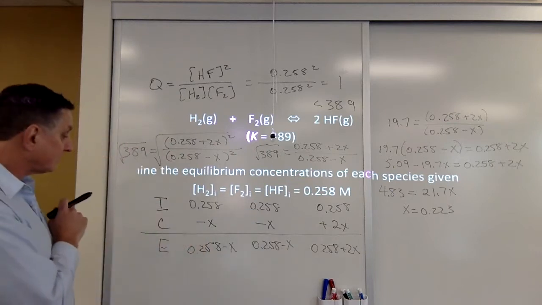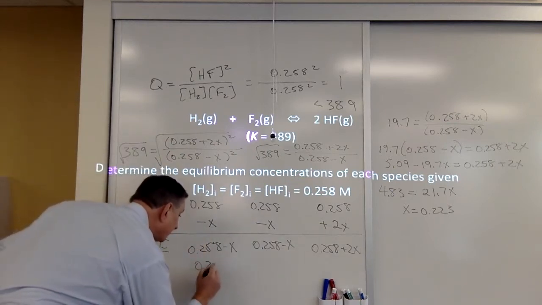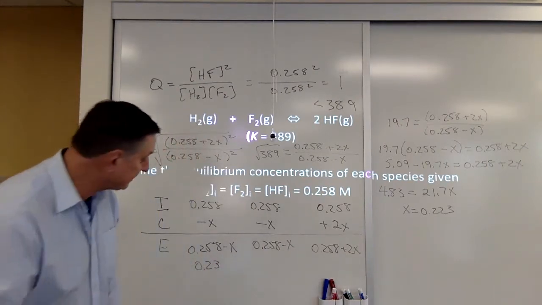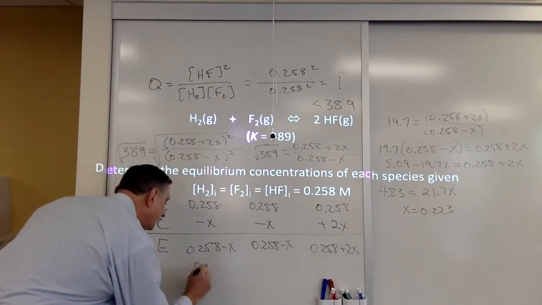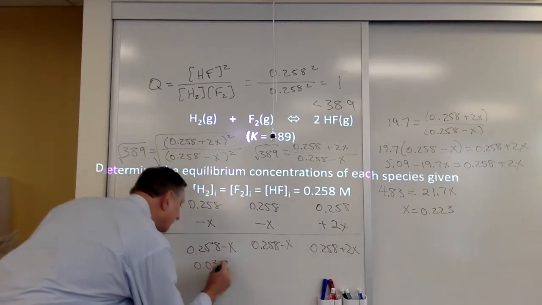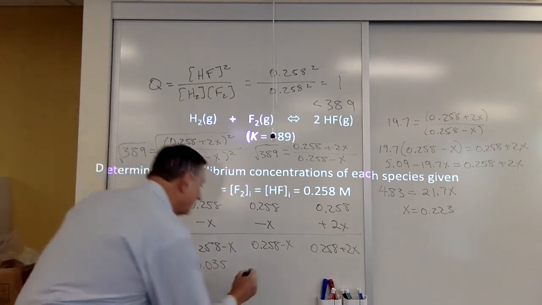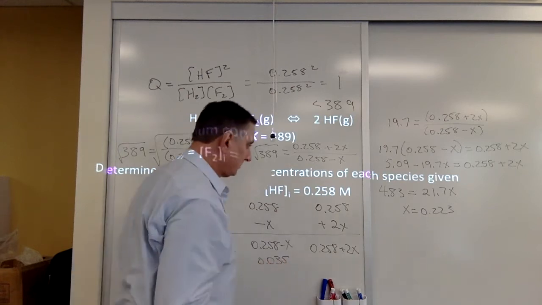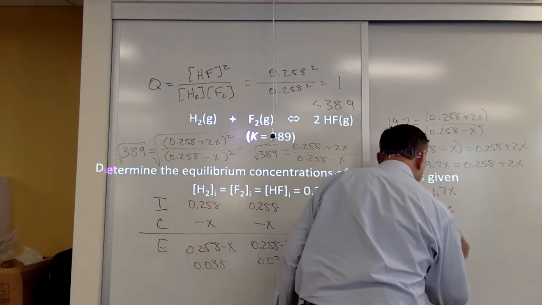So we subtract 0.223 and this becomes 0.035. 2 times this is 0.446.